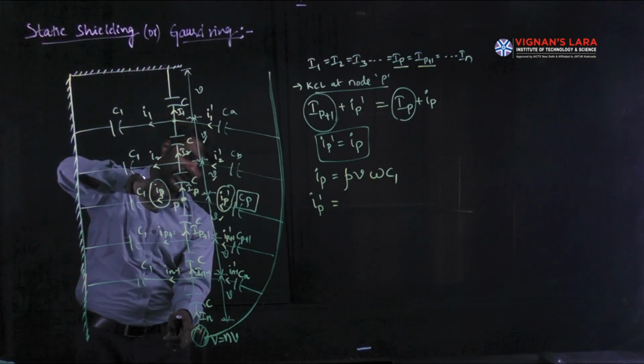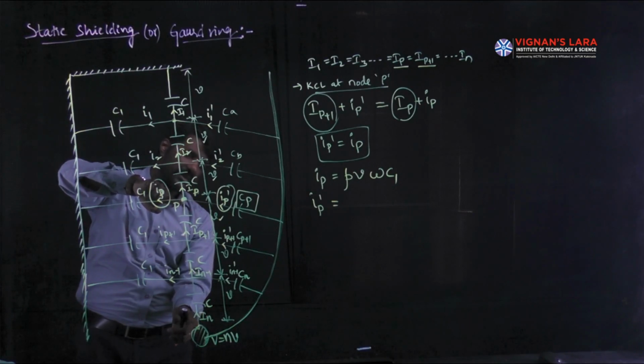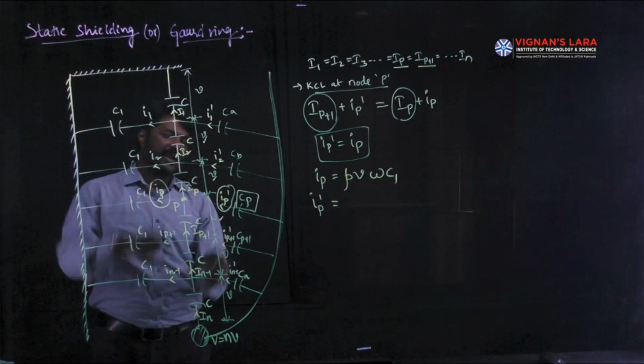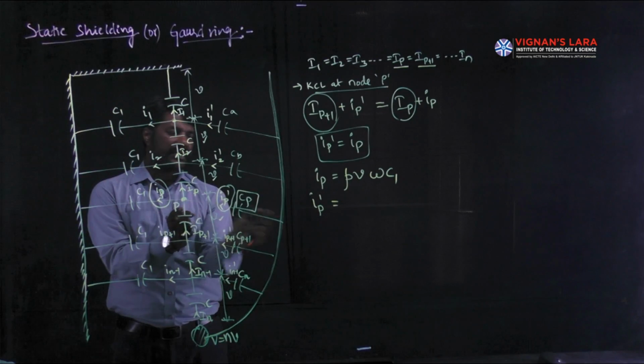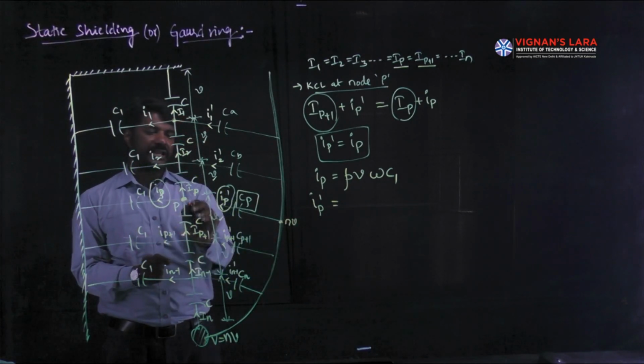The remaining units are N minus P, because the voltage maintained here is to be maintained first. So this is NV voltage, and this is PV voltage.